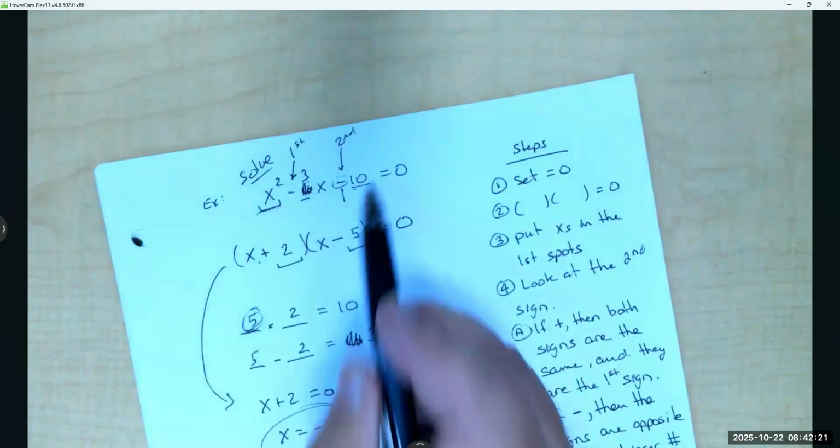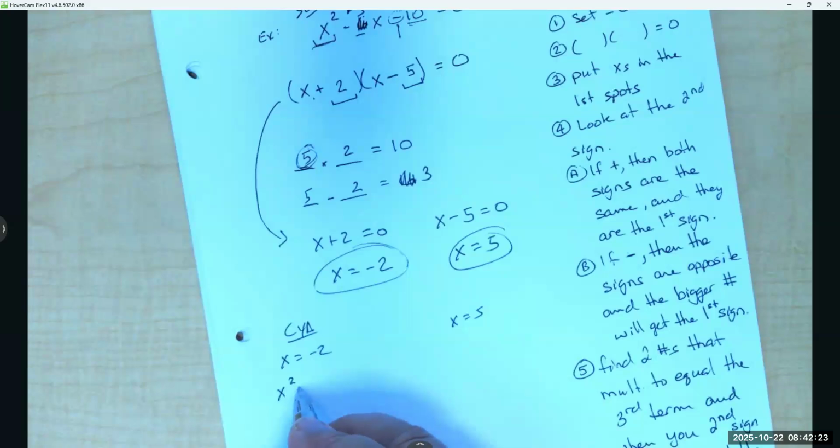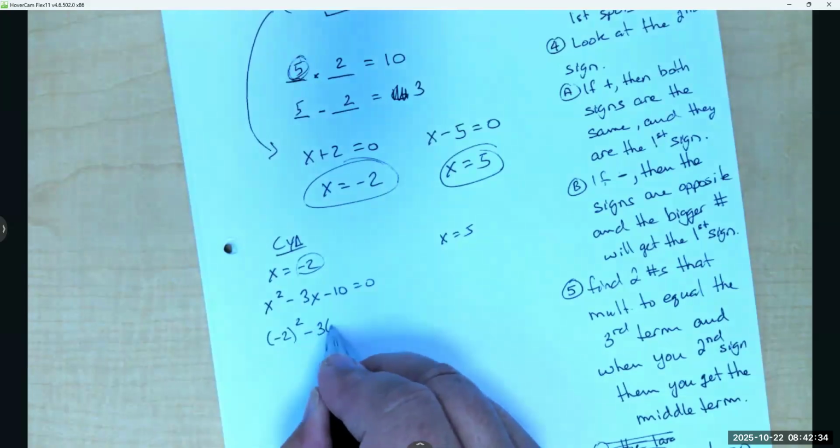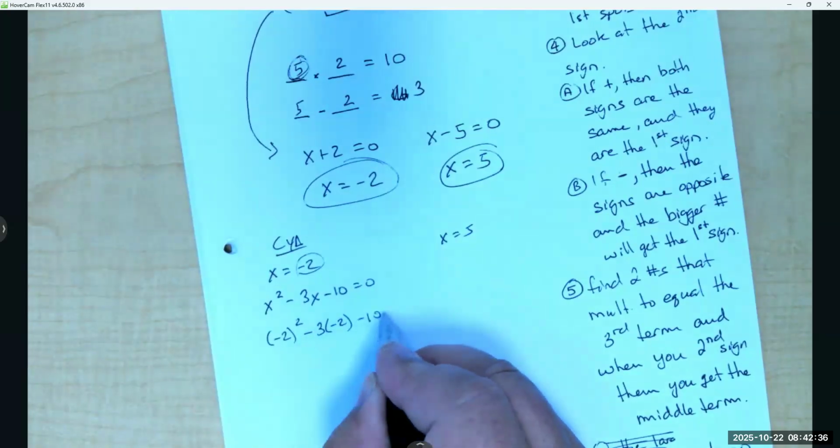Go back to the original equation. X squared minus 3x minus 10 equals 0. Plug in negative 2. Negative 2 squared, 3 times negative 2 minus 10.